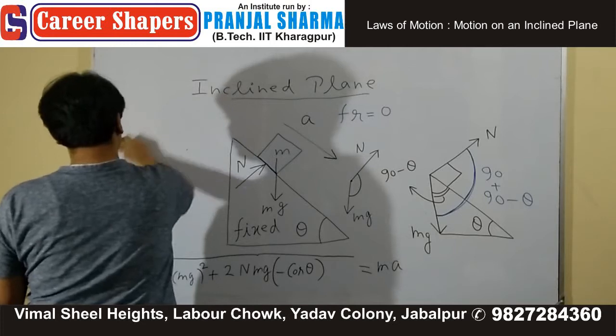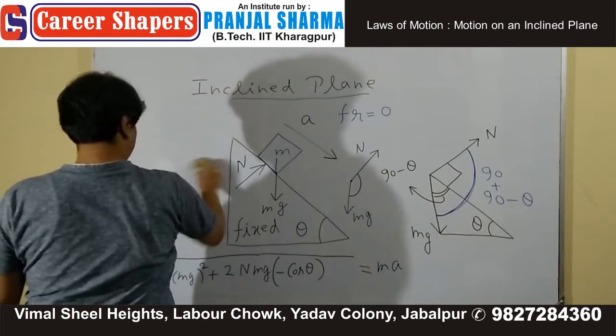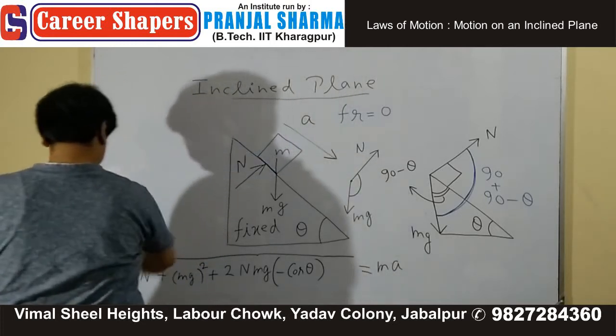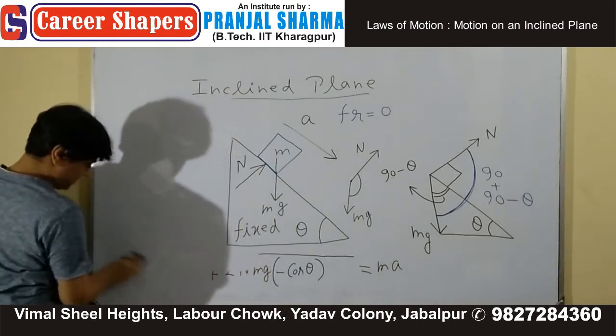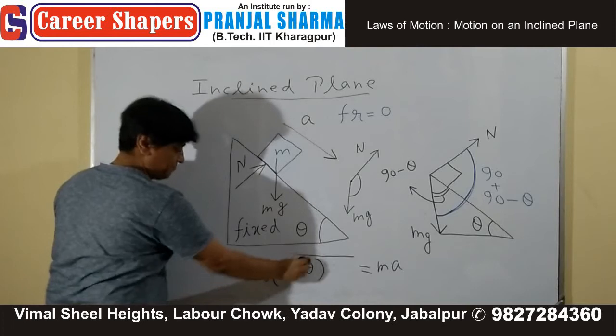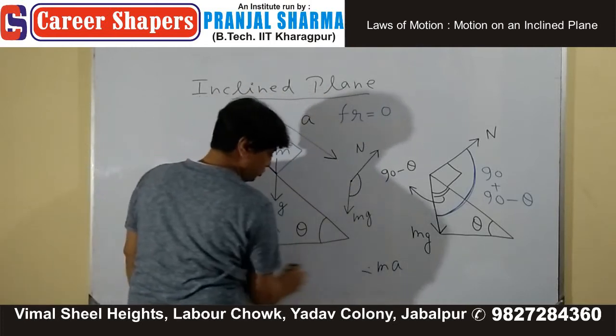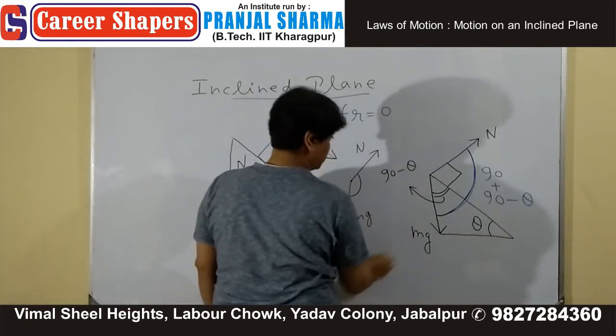So that's what we are going to do now. We'll resolve these vectors along x and y. When I say x and y, it means along two mutually perpendicular directions.